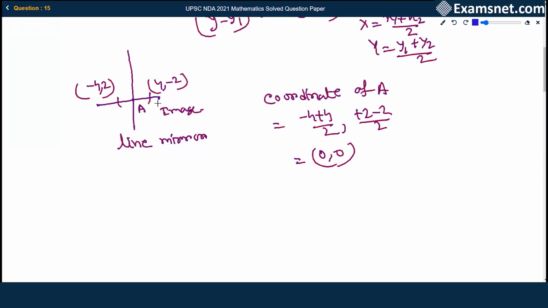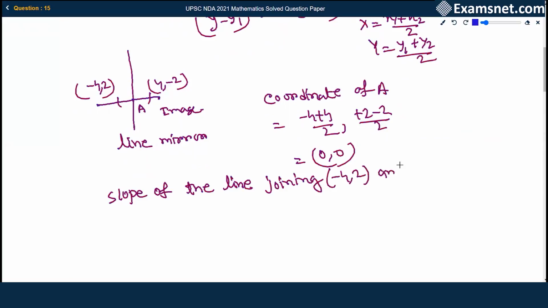So find the slope of the line joining minus 4 comma 2 and 4 comma minus 2: y2 minus y1 by x2 minus x1. Minus minus becomes plus. Now minus 4 by 8, that is minus half, correct?